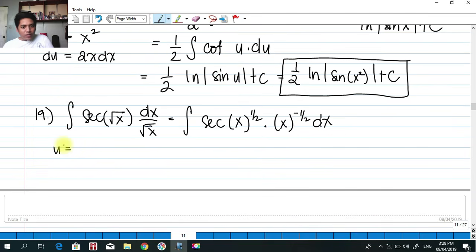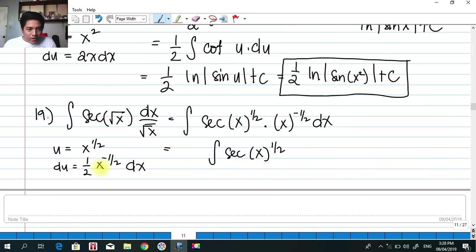We let u equal x raised to 1/2, then du over dx is simply 1/2 times x raised to 1/2 minus 1, so that is negative 1/2, dx. We can perform integration by substitution. We have the integral of the secant of x raised to 1/2, and we have the x raised to negative 1/2 dx here.